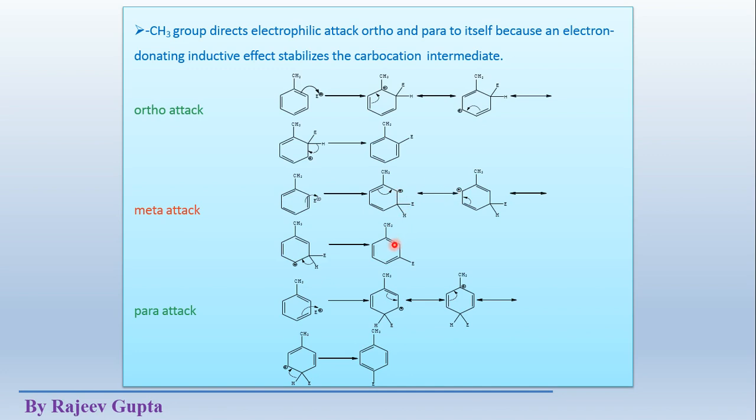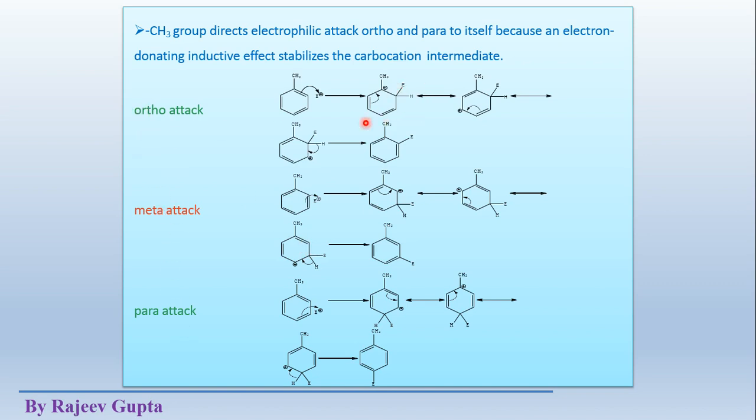Here this positive charge is also in conjugation with these 4 pi electrons in meta attack, but the extra stability providing 3-degree carbocation is not present in any resonating structure in case of meta attack. So the carbocation or intermediate sigma complex formed by meta attack is less stable compared to ortho and para attack.